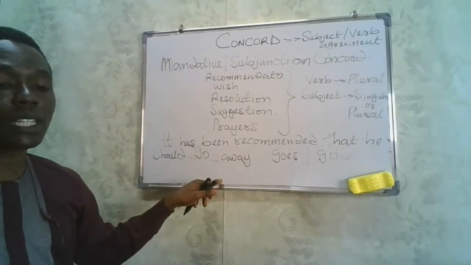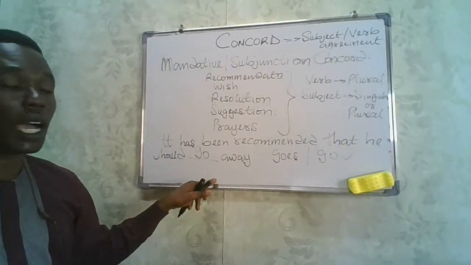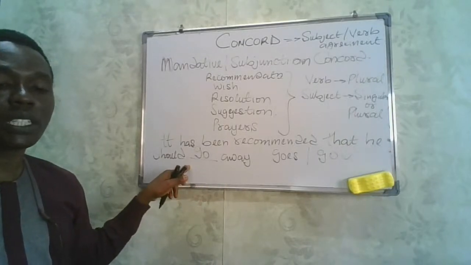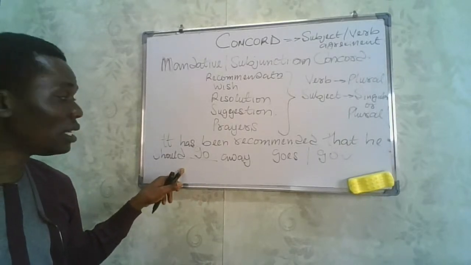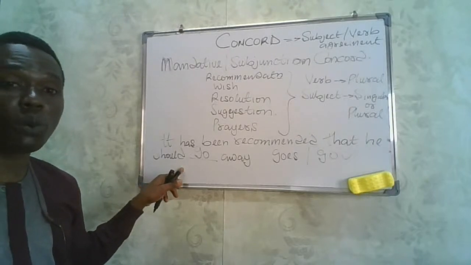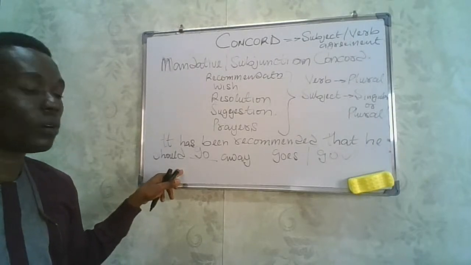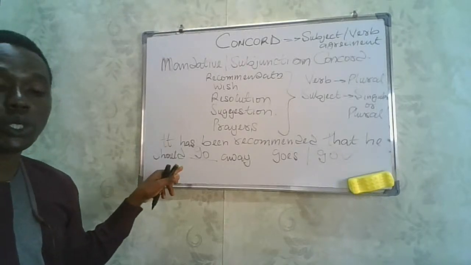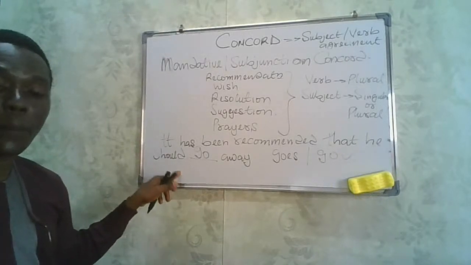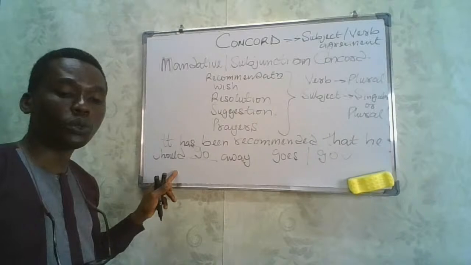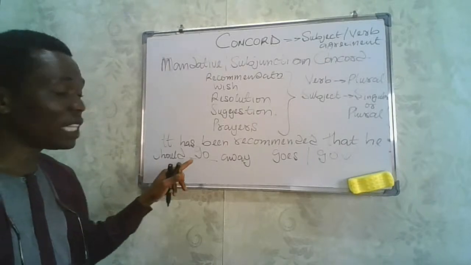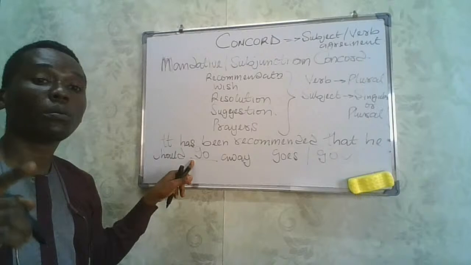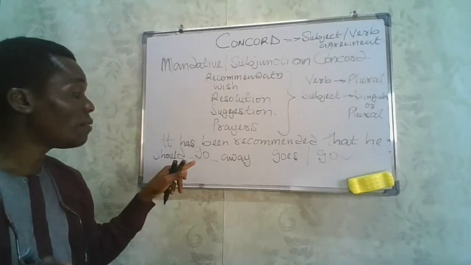Then you'll find out that should has been removed in the initial sentence. And you can still remember that the rule says, when we discuss modal auxiliary verbs such as shall, should, may, might, can, and could, they are all used next to a verb, and the verb should be what? Plural.